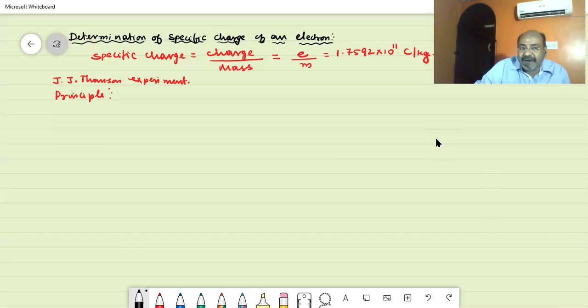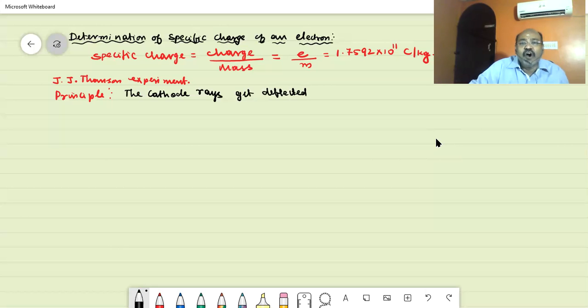So the principle is, we can say, one of the properties that the cathode rays get deflected both by electric and magnetic fields.